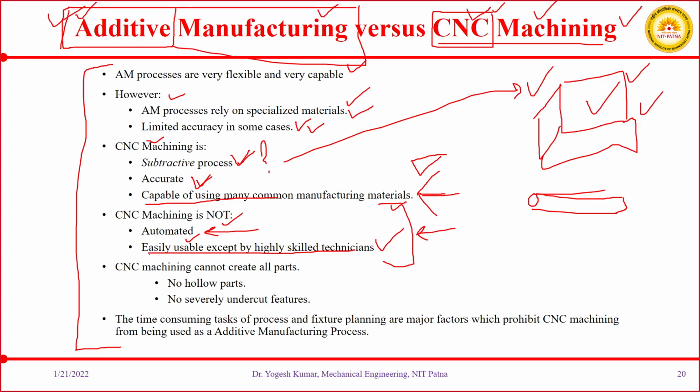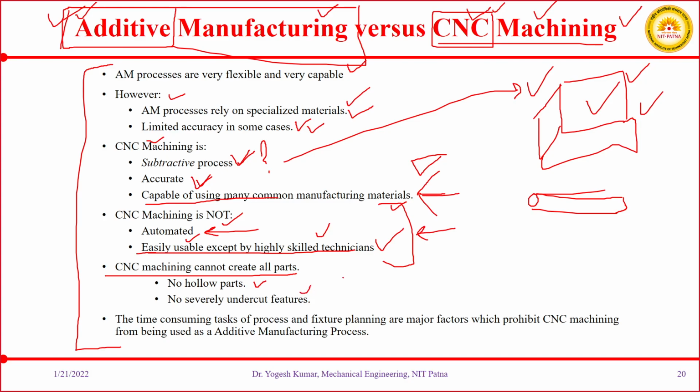So in that sense, a CNC machine has the limitation that it requires a highly skilled technician, and there are other limitations with CNC machining: you cannot create all types of parts. For example, you cannot create hollow parts. You cannot have severely undercut features.